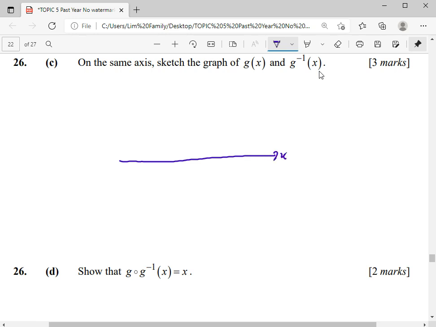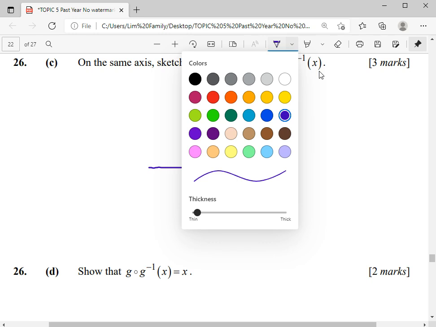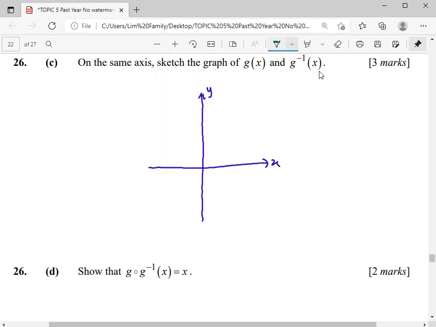So this is my x-axis. I'm doing freehand, but you should use your ruler, x-axis and then y-axis.